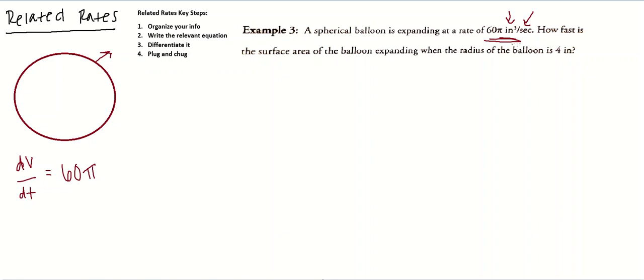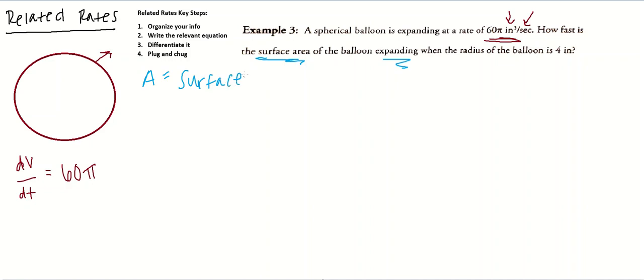Okay, what else do we know? Well, now they want us to figure out how fast the surface area of the balloon is expanding. So that right there is what we are trying to figure out. This is our key. So how would we write the surface area with differential notation? Well, first, let's come up with a letter to represent surface area. I'm going to say A is surface area.